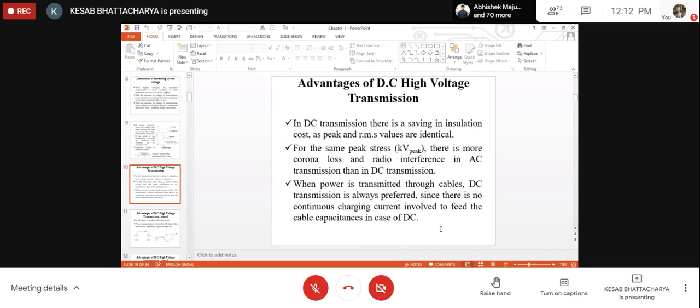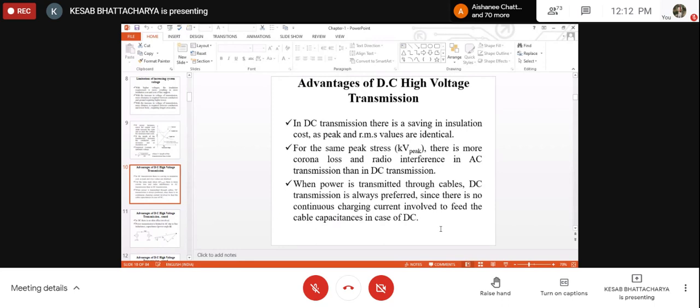Now, as you see, the first advantage is this. In the case of high voltage DC transmission, the insulation requirement is less.